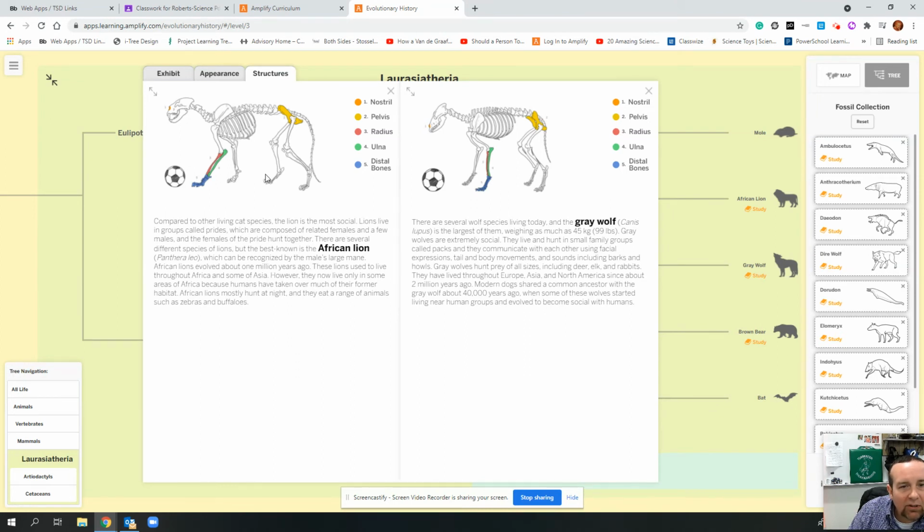We can see the African lion has thicker shoulder blades, a longer pelvis, longer legs, in fact, and more robust, especially in the front legs, and well, actually the back legs too. It's just a beefier critter. And the nostrils are placed a little bit further up, while the gray wolf has a longer snout with the nostrils placed at the end of the nose.